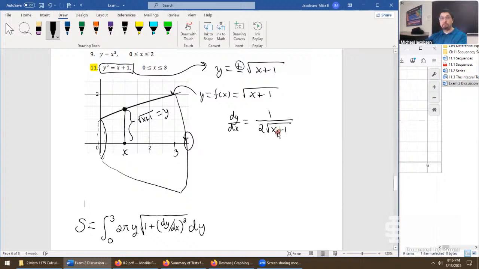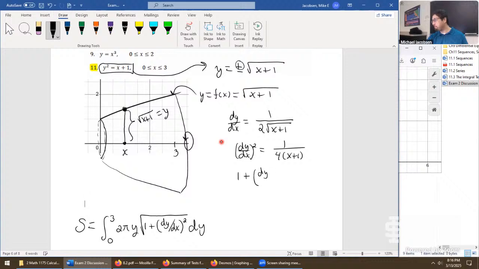And it's a chain rule problem, but we're multiplying by a derivative of x plus 1, which is times 1, so no change there. Next step is to square that whole thing. So dy dx squared is 1 over 4 x plus 1. The root comes off as well. Add 1 to that. Looks like the algebra will certainly get interesting.